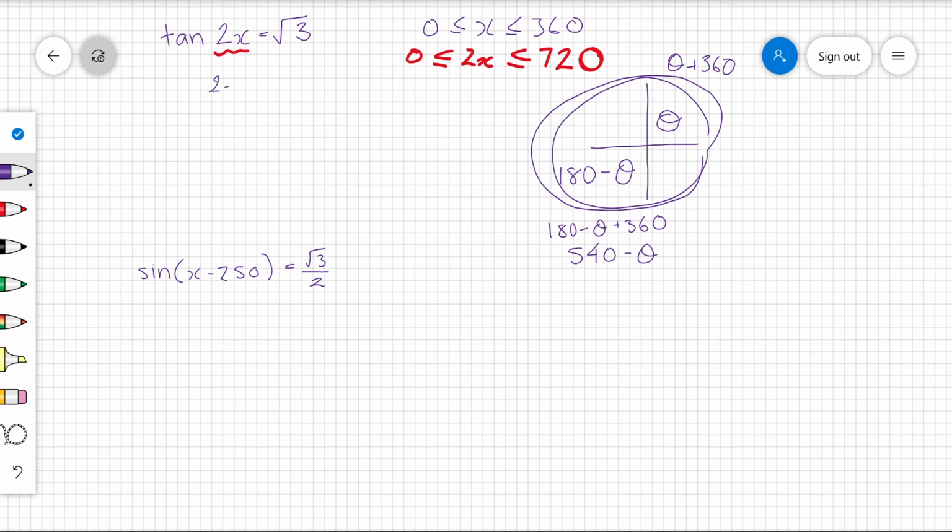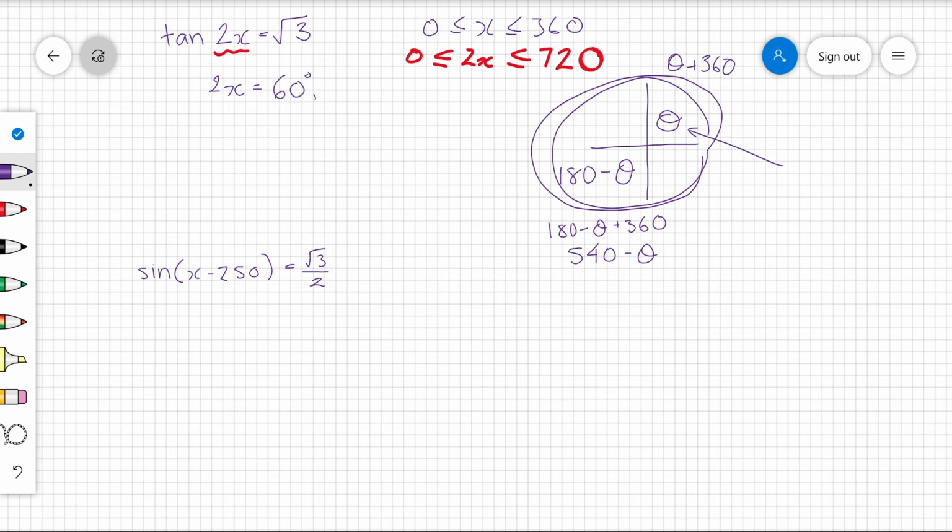So 2x, remember we're finding that acute angle, and then we're going to use it in all of these. So tan of what angle gives root 3? Well, that would be 60, if my exact values are correct. So what we're saying here is that 2x would be 60 degrees as theta, because theta is one of them.